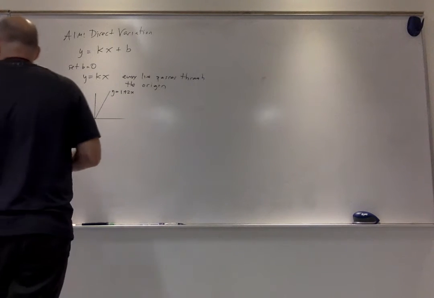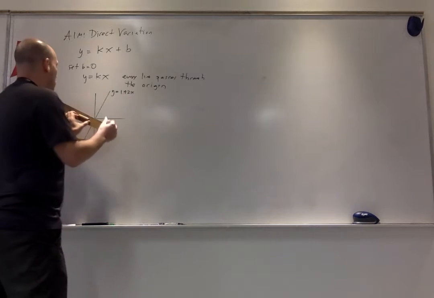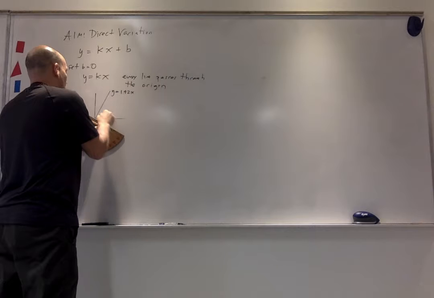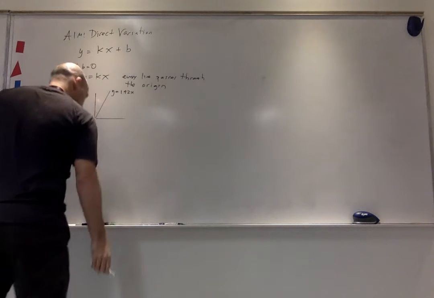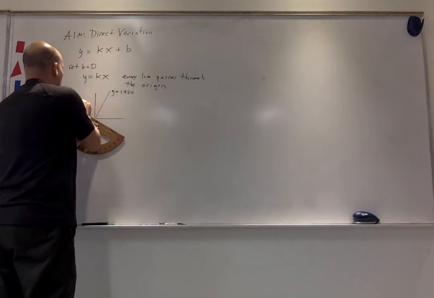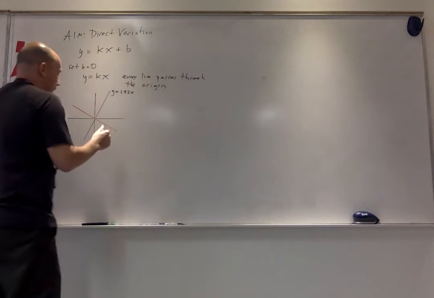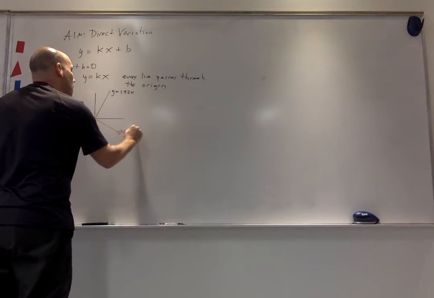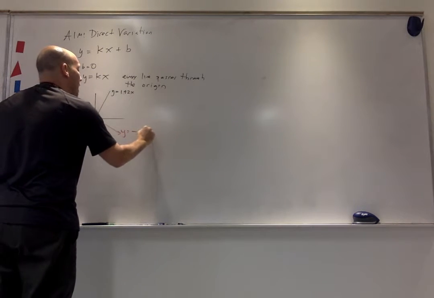Maybe the second one is here, another line that passes through the origin. Maybe this equation is y equals negative 0.83x.